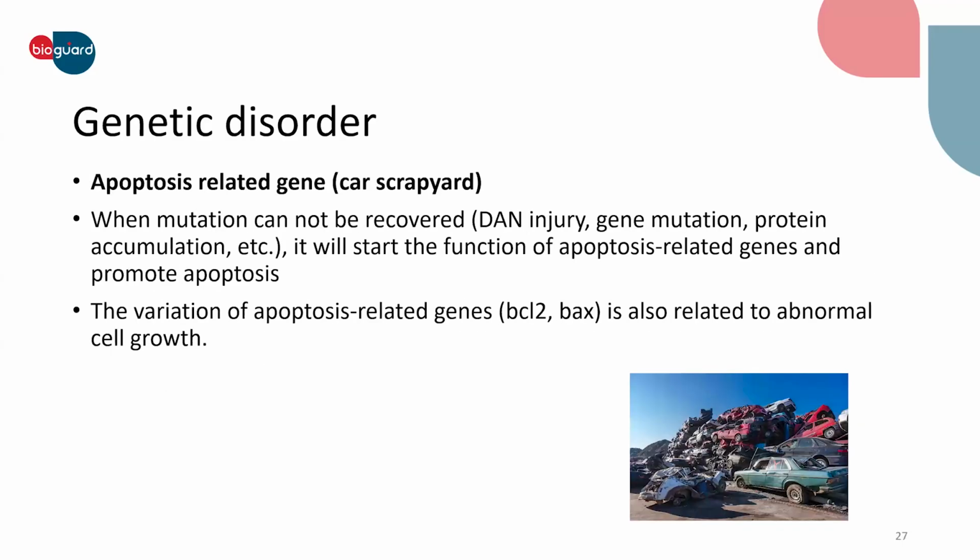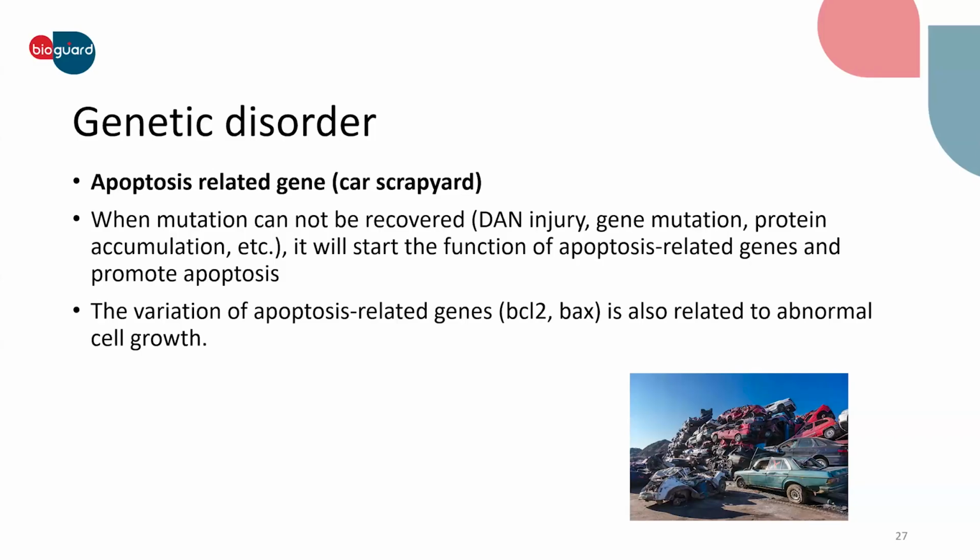Let's look at apoptosis-related genes, which act like a cell scrapyard, removing cells that are too damaged to fix. When the cell has severe DNA damage, persistent mutations, or protein misfolding, it triggers apoptosis, a self-destructive program controlled by genes like BCL2 and BAX.